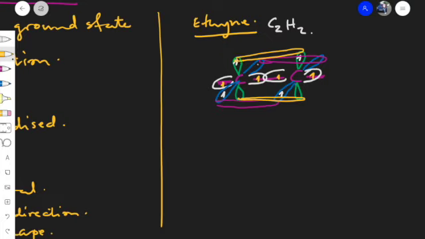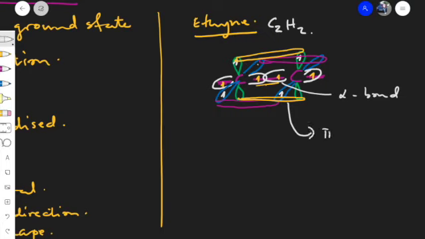It's a little bit messy, but like I said in the other videos, it's easy to understand. So we are going to have a sigma bond here. All of these will be a sigma bond, but the bonds formed with the merging of the p orbitals will be your pi bonds.